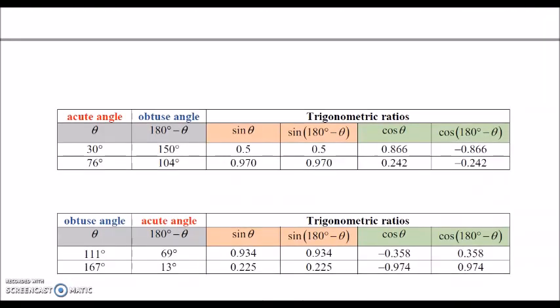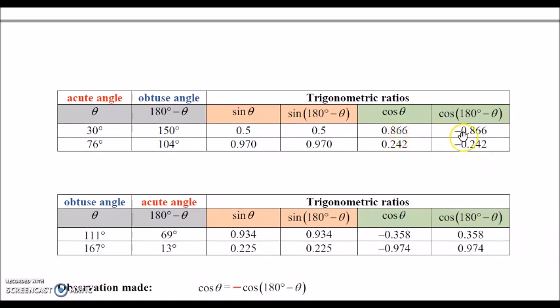Come, let's do a check against what you have calculated. Do you get these values? Once again, I want you to make an observation, a relationship between cosine theta and cosine 180 degrees minus theta. You notice that they are negative of each other, right? Same thing regardless whether theta is an acute angle or theta is an obtuse angle.